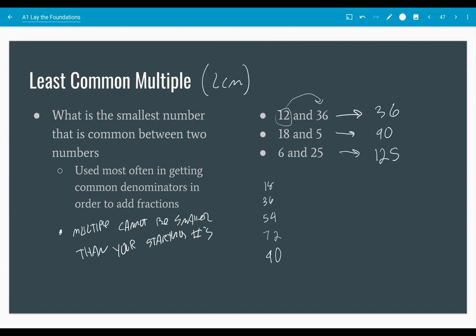Well, when I get to 90, it ends in a 0, so I know it has to have a multiple of 5. So then I know 90 is my least common multiple. So once you get outside Algebra 1, you'll be able to use calculators that will actually compute least common multiple and greatest common factor for you.